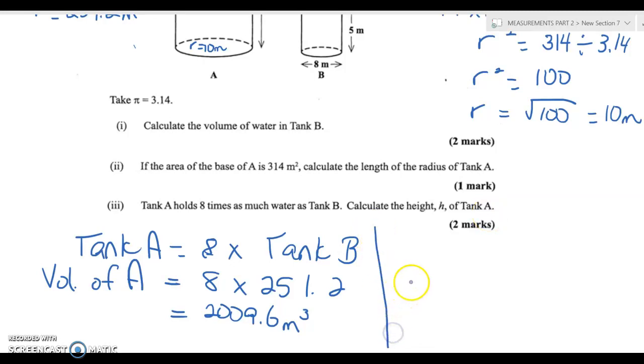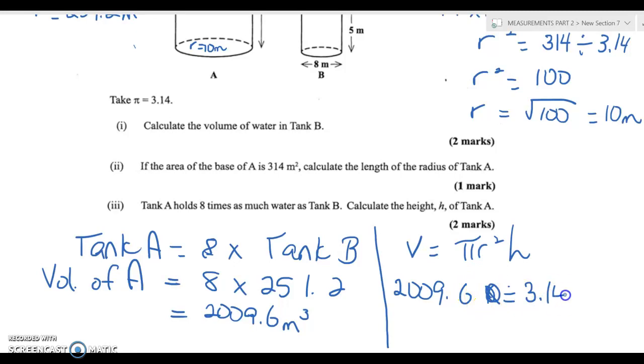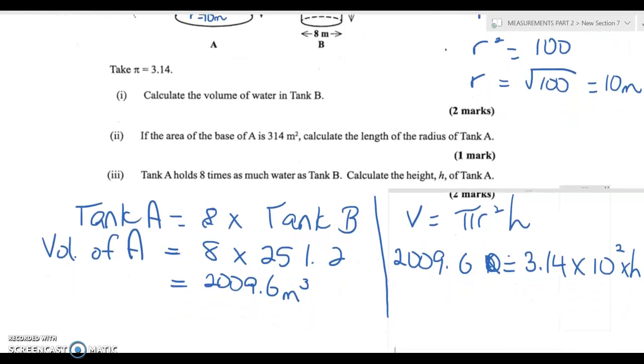We want to find the height of tank A. Remember, tank A is a cylinder, right? So volume equals pi r squared by height. So 2009.6 is equal to 3.14 times our radius, 10, so 10 squared, times the height.